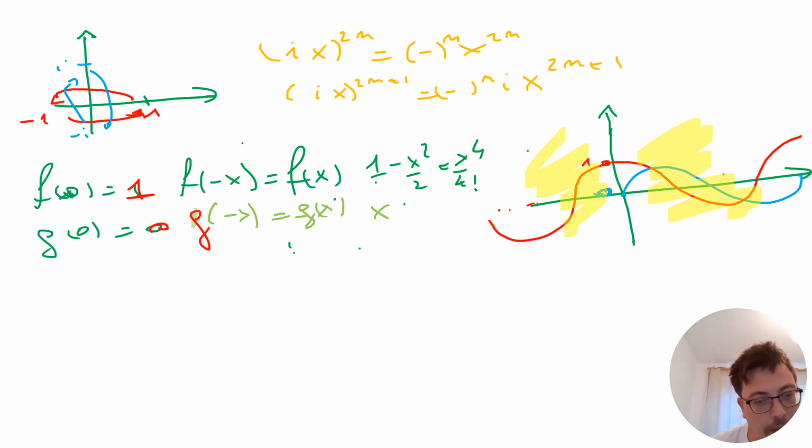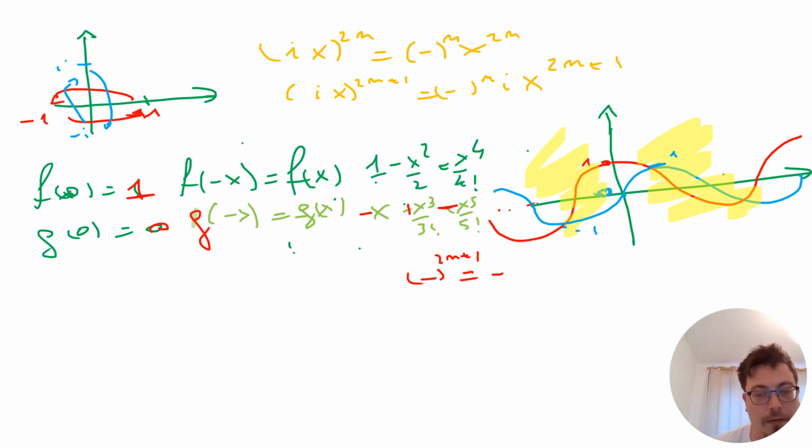This is because x minus x cubed, for example, plus x to the fifth power over 5, if we replace x with minus x, we switch the signs, because minus to the odd power is always minus. In fact, we know that sine is antisymmetric. Whatever is here as 1, for example, is flipped to minus 1, and so on for all the points.